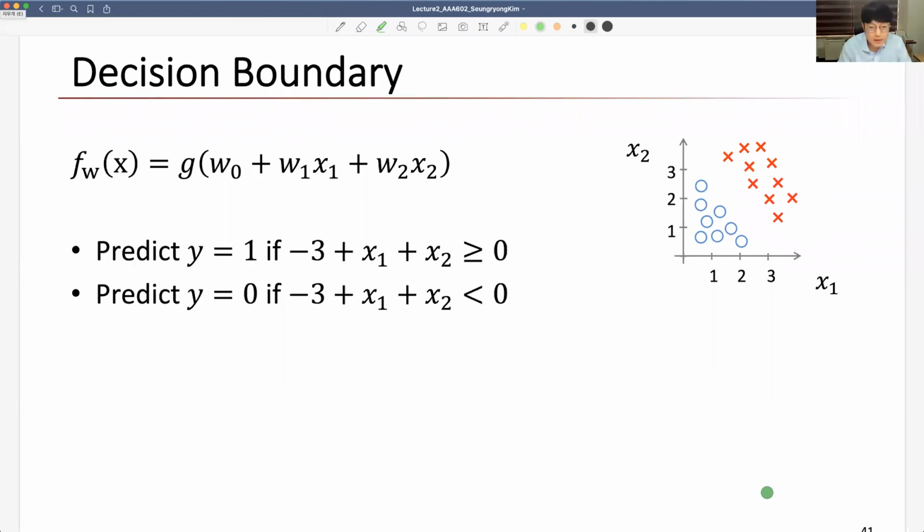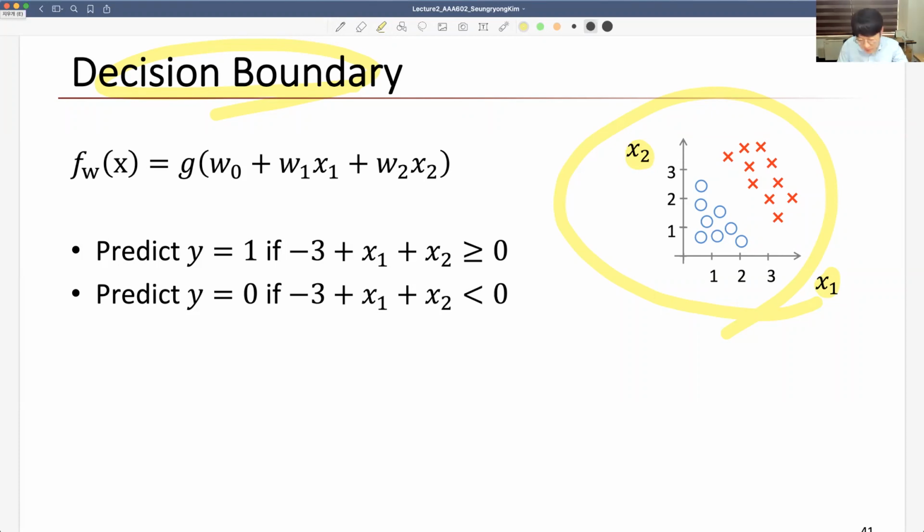So in the classification problem, we need to introduce the decision boundary concept. So what is the decision boundary? Here's an example. Let's say we have two input features, x1 and x2, and we have two classes, the circle class and the x class, right?